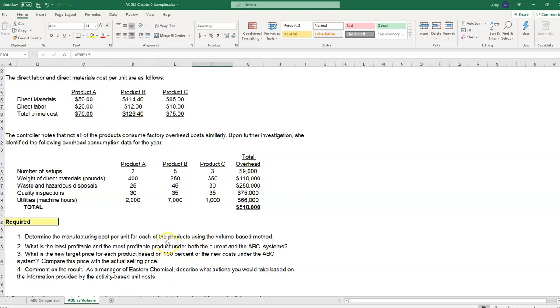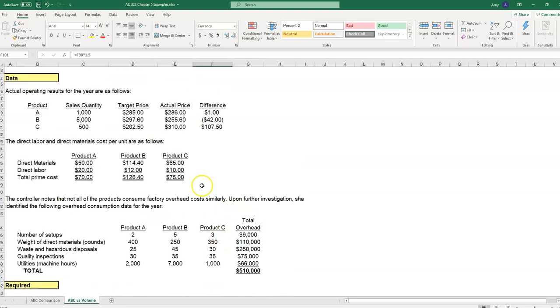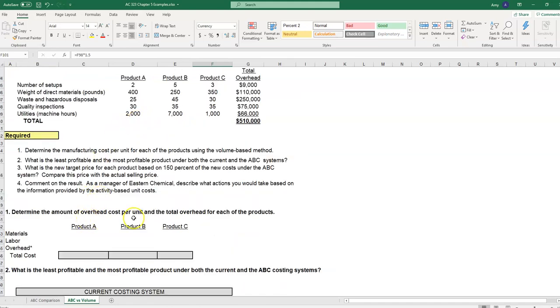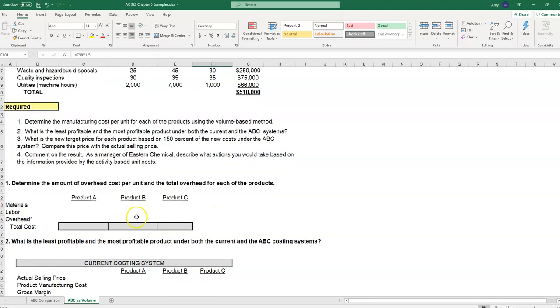So we're looking at what is our current cost using our volume-based method or single method based on amount of production, and then what is our amount under activity-based costing. So first we're going to look at our current system. So what is the total amount of overhead costs per unit and total overhead for each of the products?